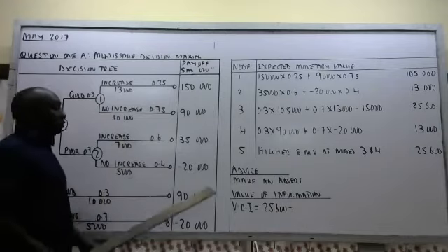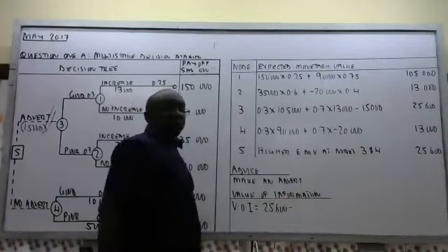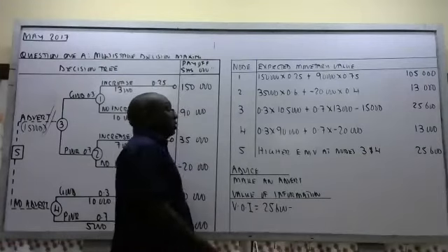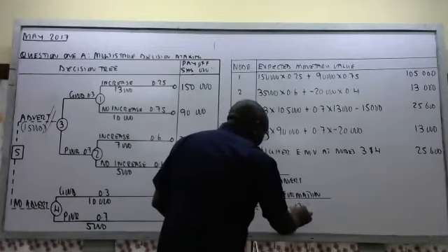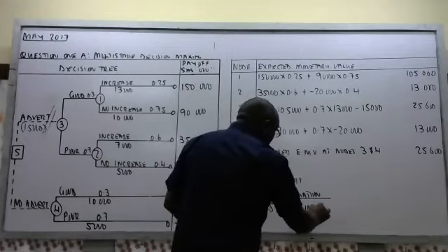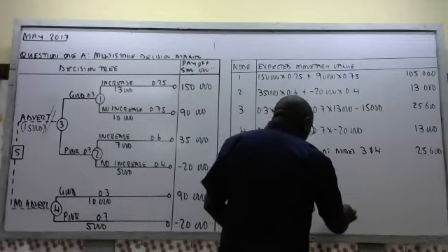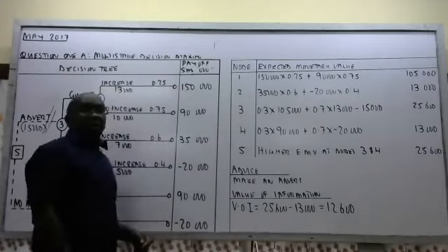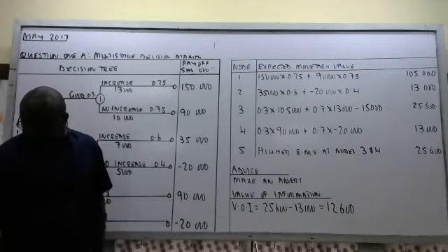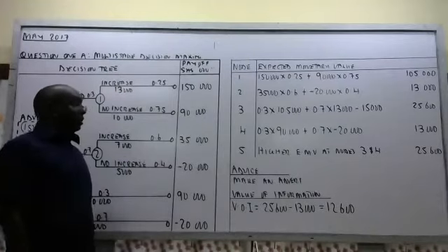For us to pick this one, we were comparing 3 and 4. So the next one is 13,000. So that is how direct it is to compute the value of information.